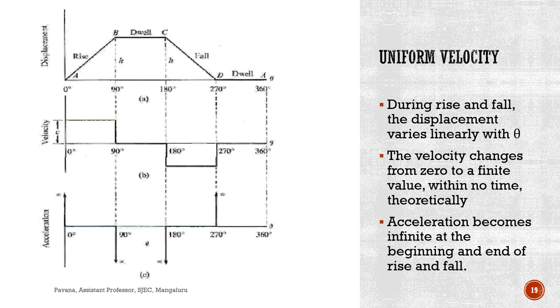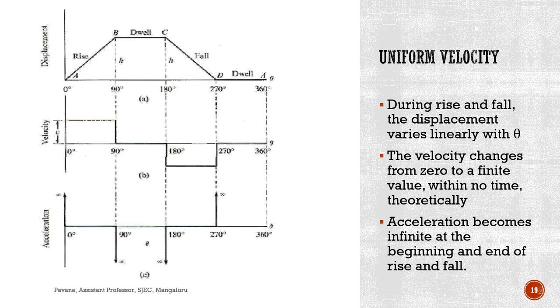First, uniform velocity. When the motion takes place with a uniform velocity, you can see the diagram here which shows the displacement, velocity, and acceleration patterns of the follower. The first diagram is displacement, second is velocity, third is acceleration. Since the follower moves with constant velocity, uniform velocity, during the rise, meaning the curve is going upwards, the displacement varies linearly with respect to theta.